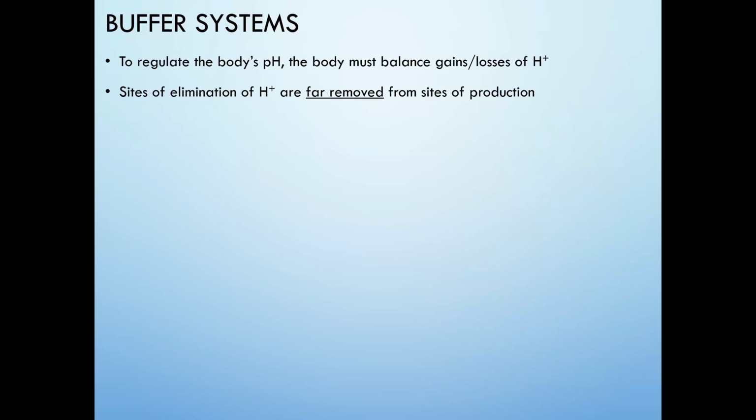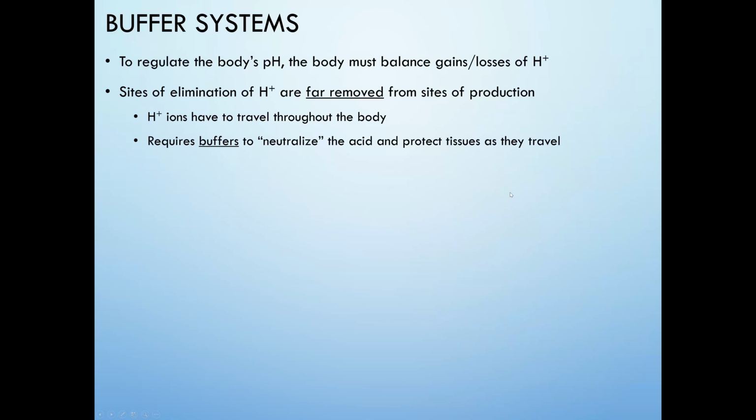And so the hydrogen ions have to be transported through the body to get them from their site of production to the site where they can be eliminated. And this requires the presence of buffers to neutralize these acids and to protect the tissues as they travel through the ECF to get to the site of elimination.